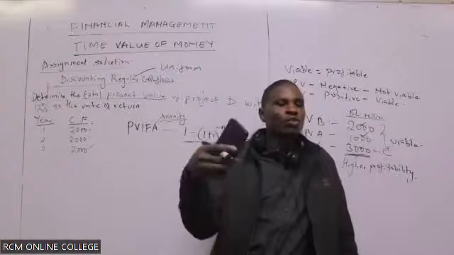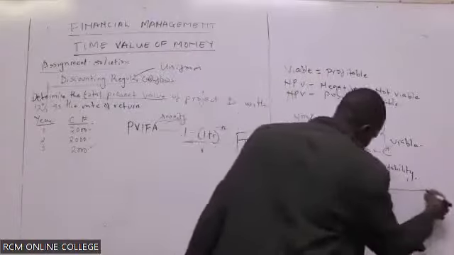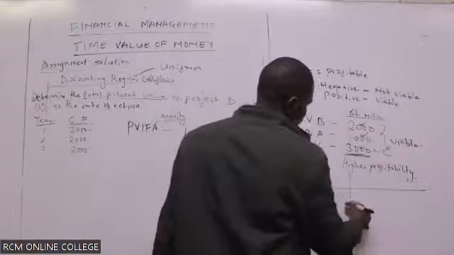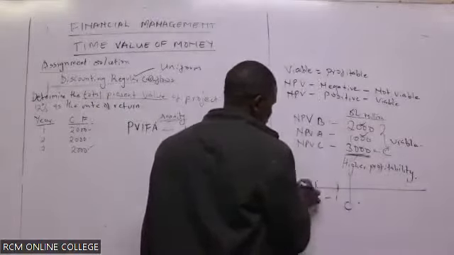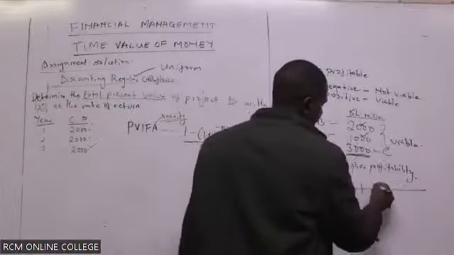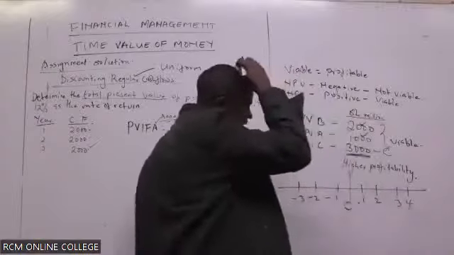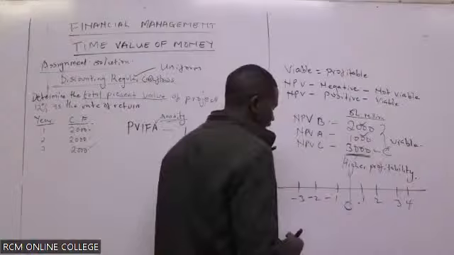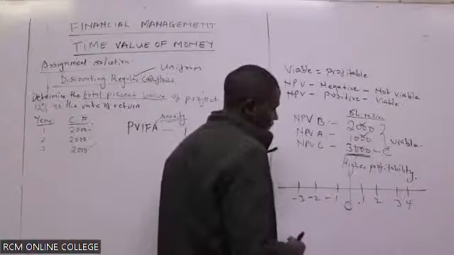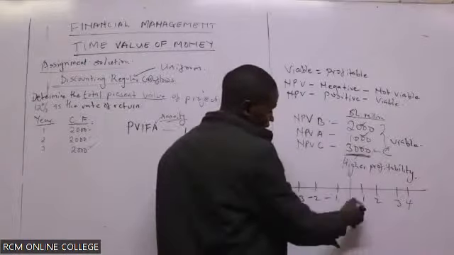Remember, discounting means we go backwards. Let me remind you of the number line. Here we have zero, negative 1, negative 2, negative 3, and 1, 2, 3, 4. I want you to master financial management and understand what we're talking about. So 0 is the center.